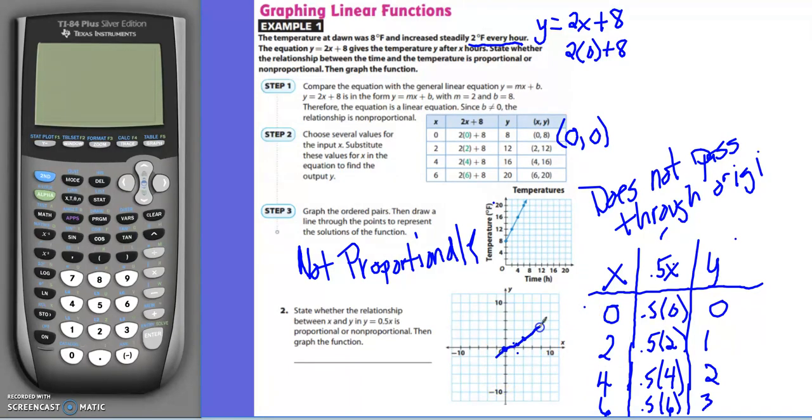So yes, this is a proportional relationship. Why? Because it passes through the origin and it is a straight line.